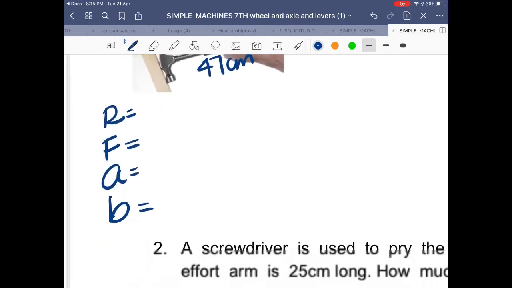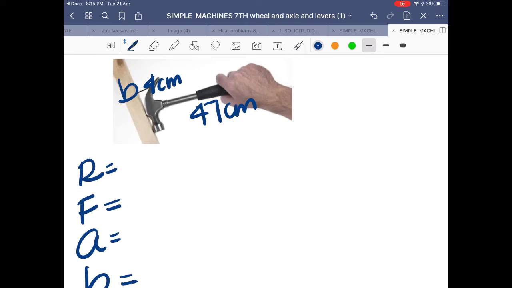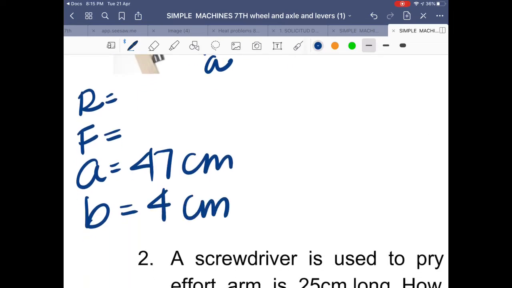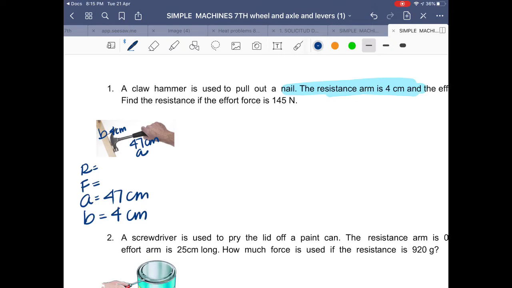Okay, so we said this one is B and this one is A. So let's write it down. 47 centimeters and 4 centimeters. They're asking me to find the resistance, which is a nail, question mark, with a force applied of 145 newtons.